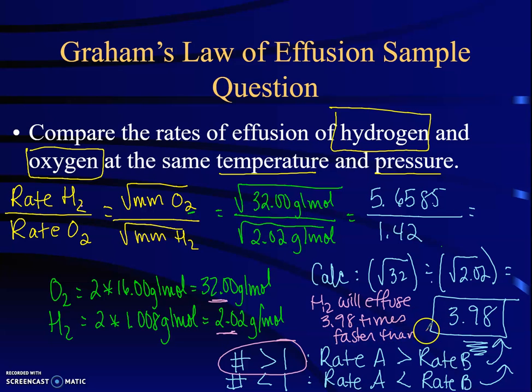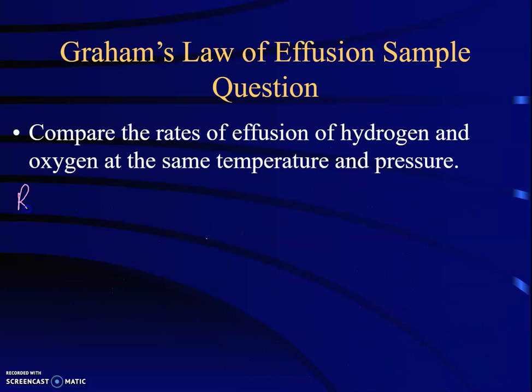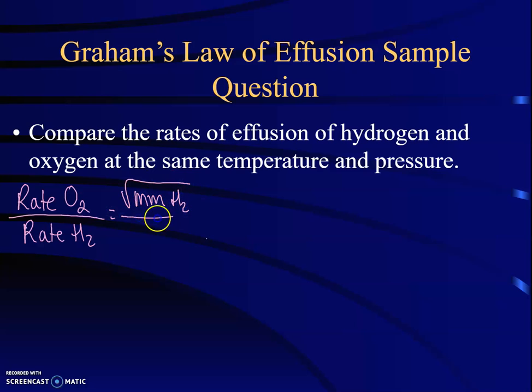than oxygen gas. Okay? You can solve this exact same problem, but comparing oxygen to hydrogen, and you would get a different value. So you can compare the rate of oxygen to the rate of hydrogen the same way, but you do the molar mass of hydrogen as your numerator and the molar mass of oxygen as your denominator.